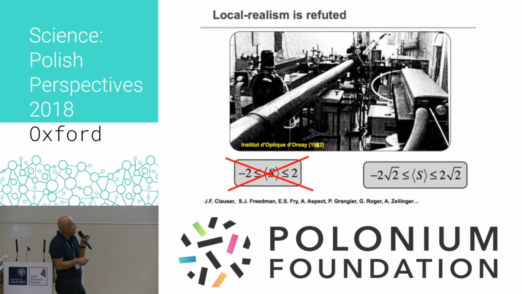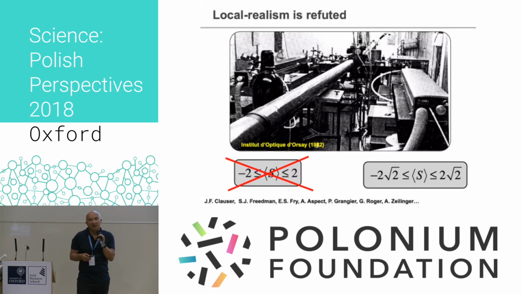In fact, the quantum mechanical prediction says that this average value should be somewhere between minus 2 square root of 2 and 2 square root of 2. So it can go outside this minus 2 to 2 interval. And that's really what was observed.